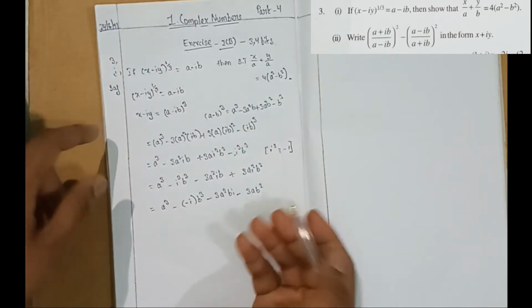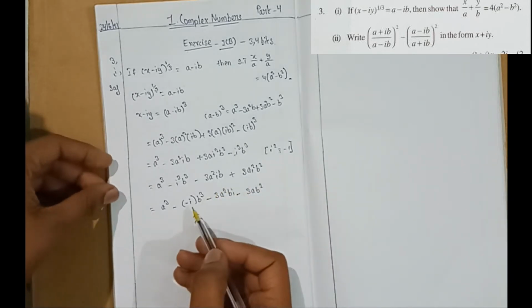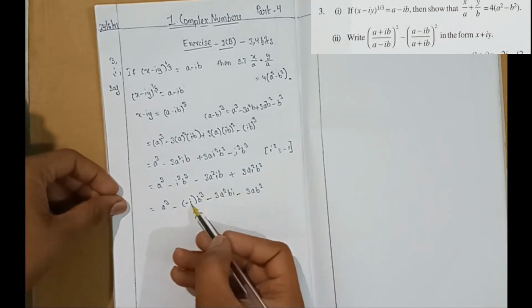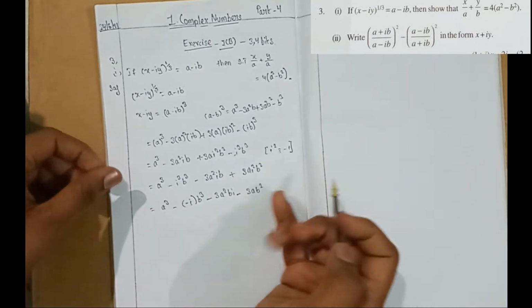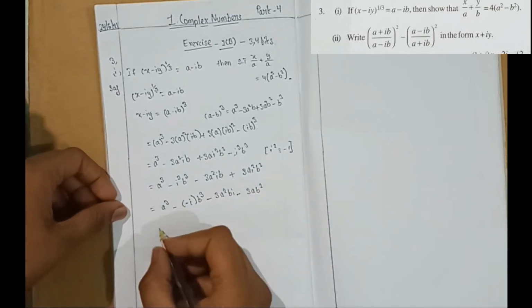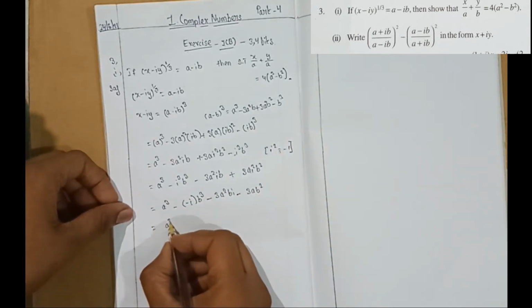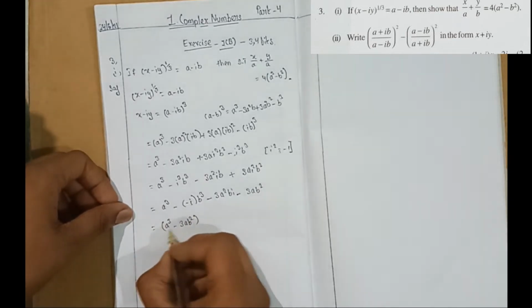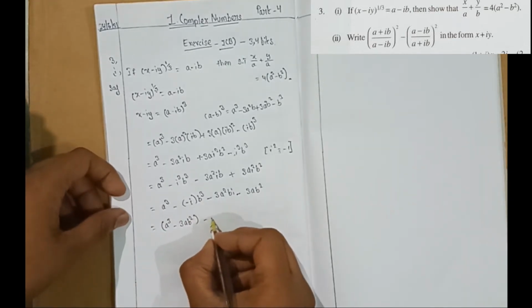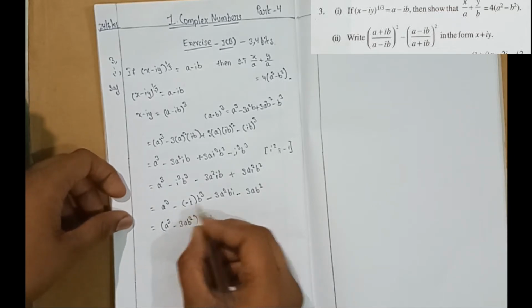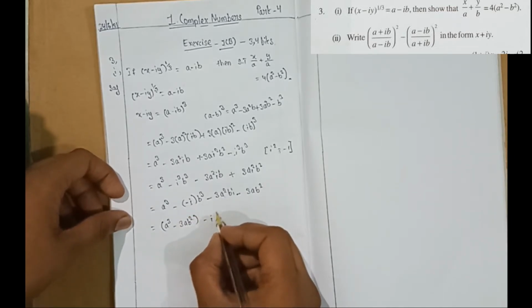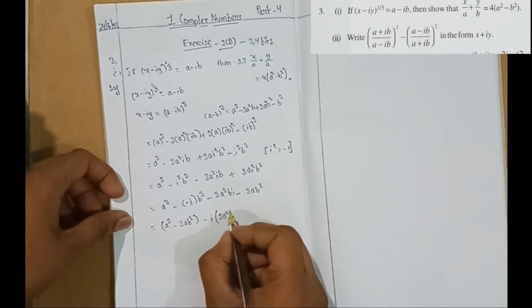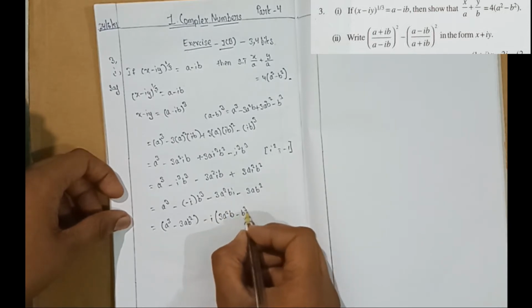Now we have to take the i attached terms on one side and the terms without i on the other side. So a cube minus 3ab square is one term, and we take i common from these two: i of (3a square b minus b cube).